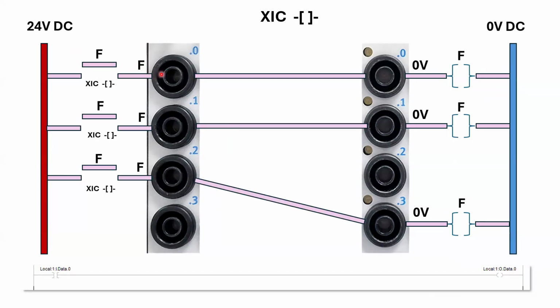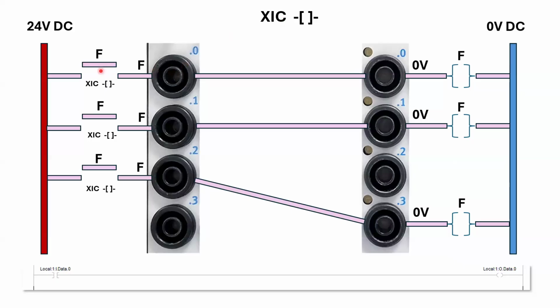And we consider the true state of true when there's 24 volts applied to the input, and if there is no 24 volts applied to the input, it's going to be pulled down to 0, which is going to be at the false state. Now here's a push button, and if we have that examine if closed. Examine if closed.